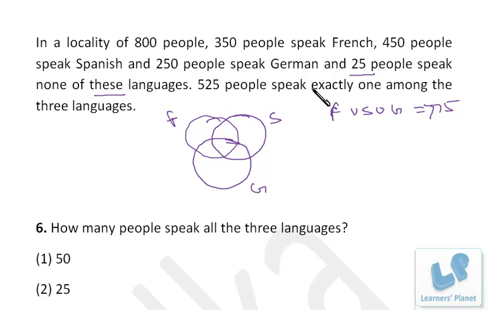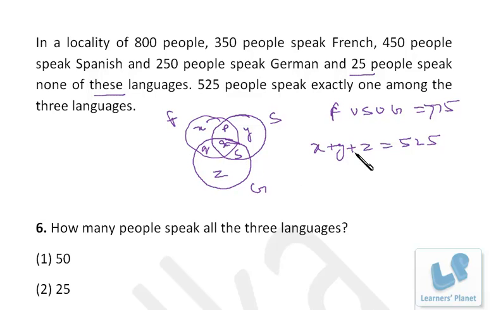Now 525 people speak exactly one among the 3 languages. So suppose this is X, that is this area, that is only French, this is Y only Spanish, and this is Z only German. So X plus Y plus Z is given as 525, right? Now remaining we assume this to be P, Q, R and S, right?